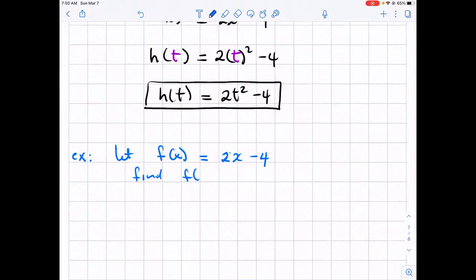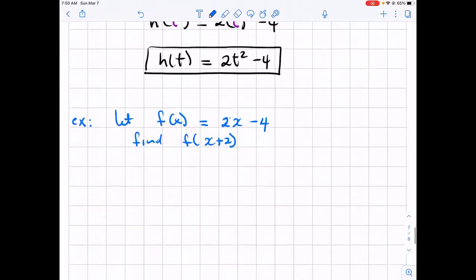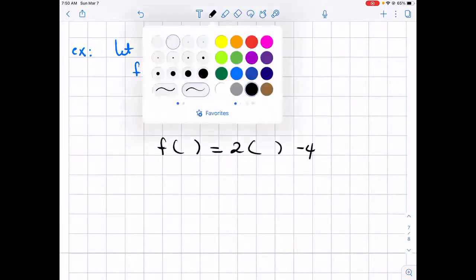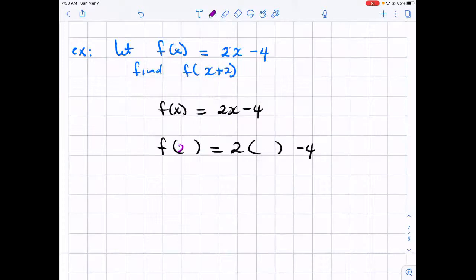f of x plus 2. So notice now that f of x is given to us, but instead of x, we're not going to use x anymore. We are now replacing that with x plus 2. Okay, the x is being replaced. So this x is also going to be replaced with x plus 2.